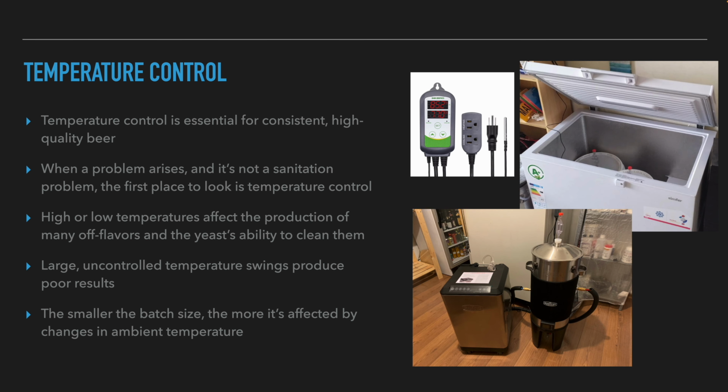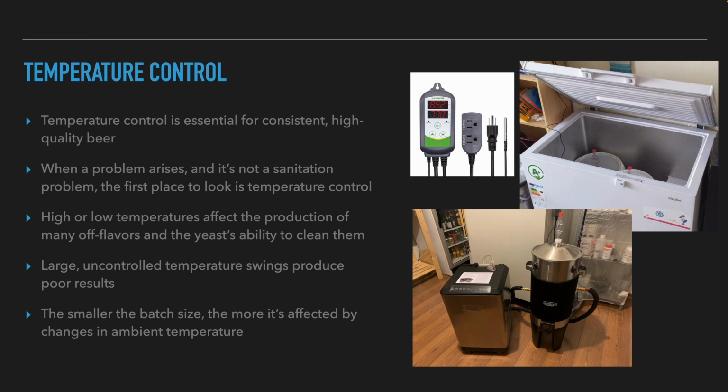After the shape of the fermenter, we will talk about temperature control. A relatively constant and closely monitored temperature is necessary for consistent and high quality beer. In most cases, when there is a problem with the beer, and it is not a sanitation problem, the first place to check will be temperature control.